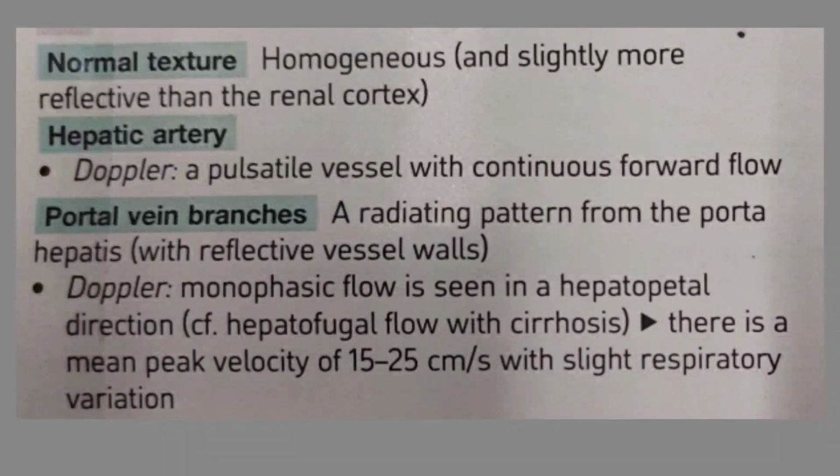The difference between the hepatic artery and the portal vein is that the portal vein has quite reflective walls, so it can be easily picked up on ultrasonography, while hepatic arteries do not possess an echogenic wall. If you put the Doppler on the hepatic vein or its branches, it will show a triphasic flow pattern with reversal of flow during the cardiac cycle.